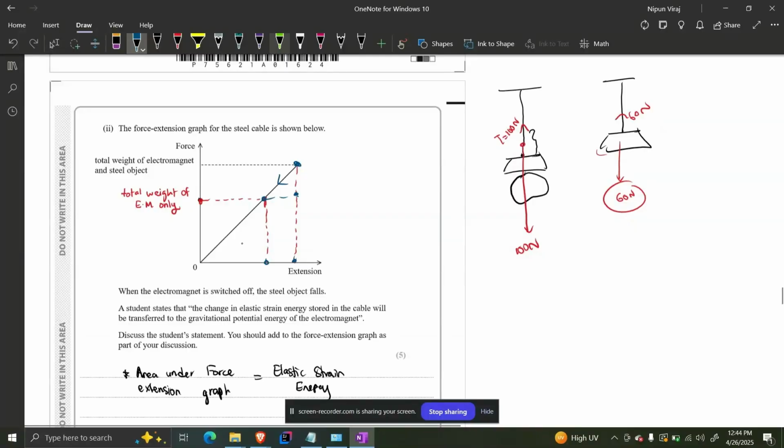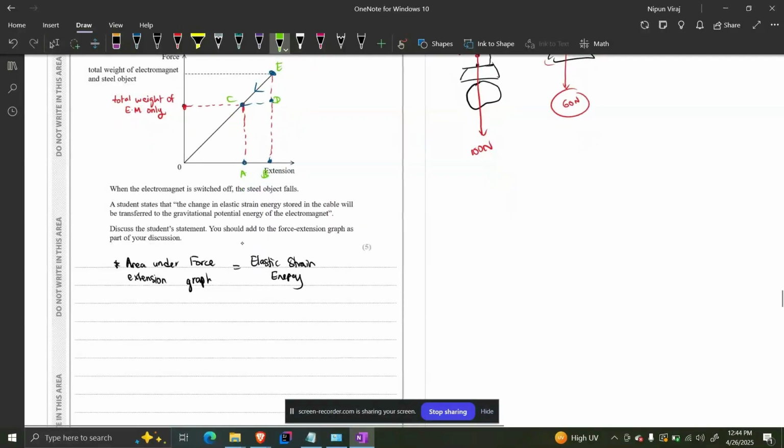Okay, so if you consider this as a trapezium, say ABCDE, we can say the change in elastic strain energy. What is the change in elastic strain energy?